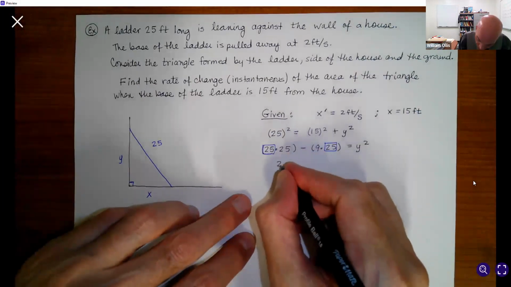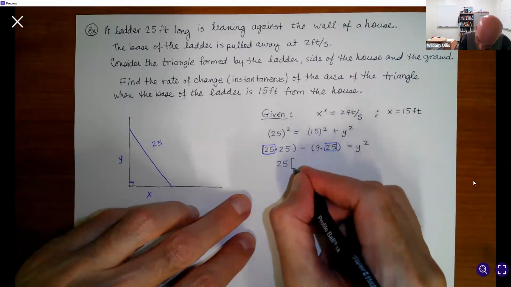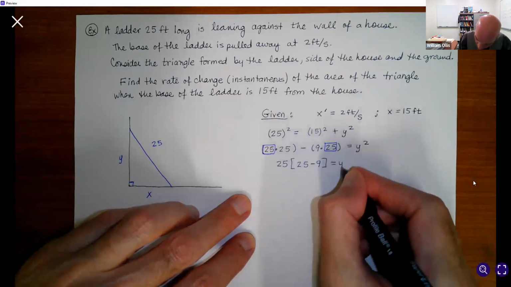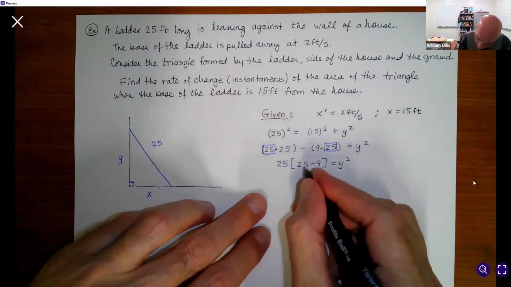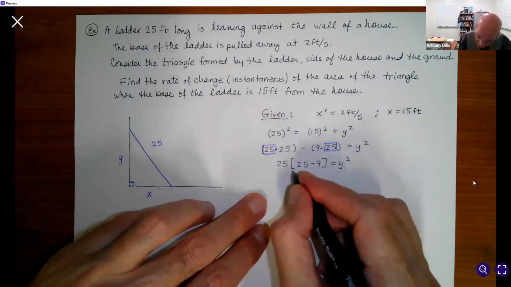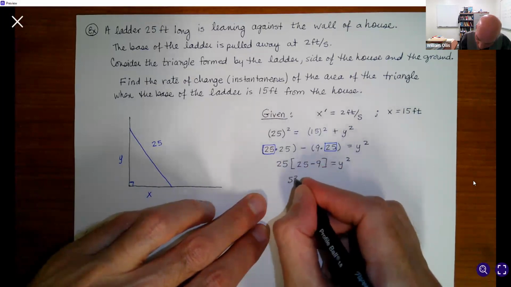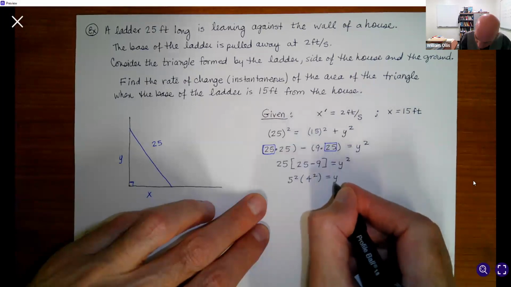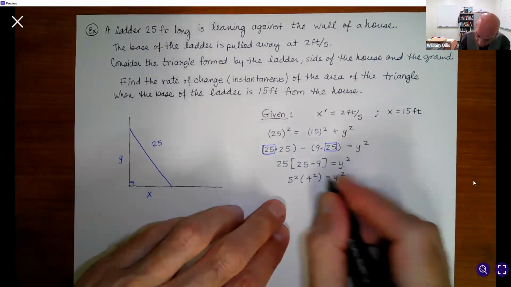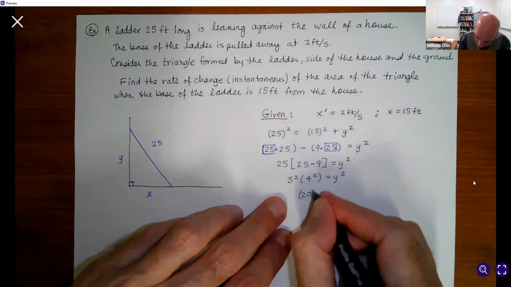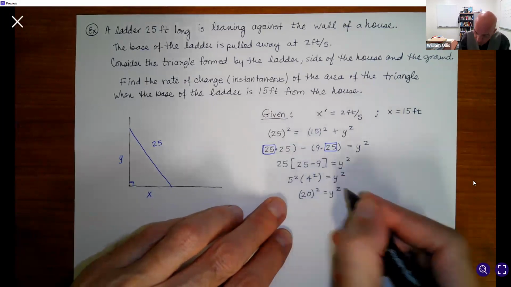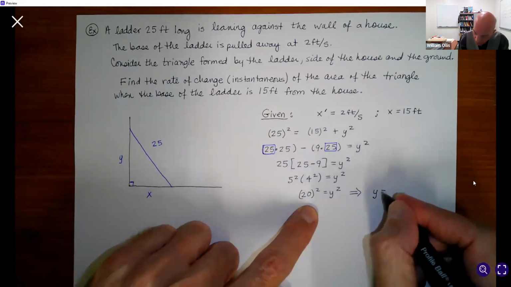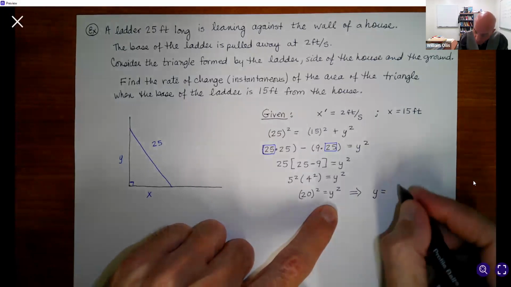So this gives us 25 times 25 minus 9, which equals y squared. Now 25 minus 9 is 16. So we have 5 squared times 4 squared equals y squared. And of course, by laws of exponents, this is just 20 squared. So if we take principal square roots, this would imply that our value of y will be the positive, or the principal square root, which will be 20 feet.